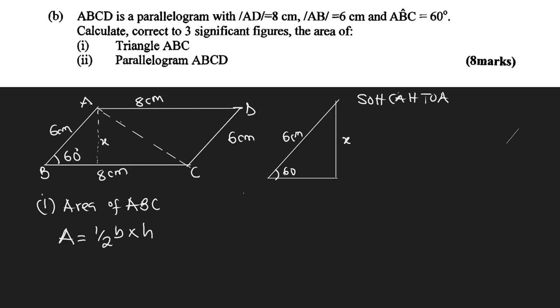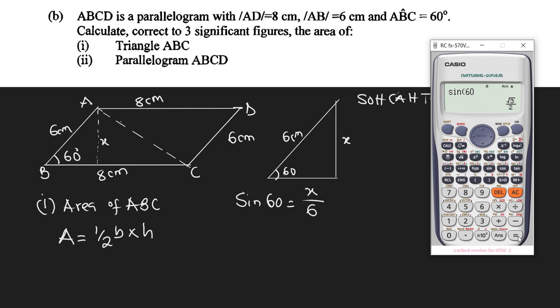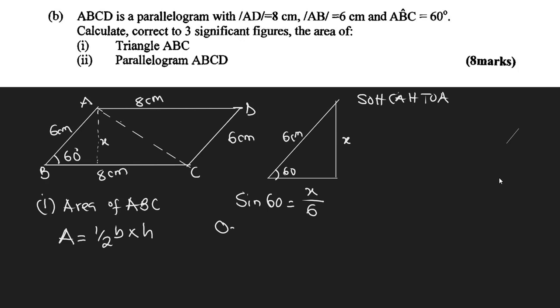So we say sine 60 is equals to our opposite, which is now x, over hypotenuse, which is now 6. So now what is sine 60? Sine 60 is 0.8660. So 0.8660 is equals to x over 6.